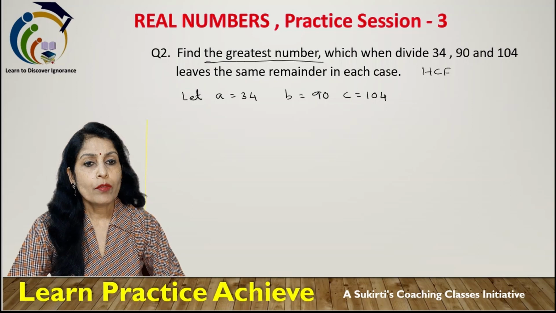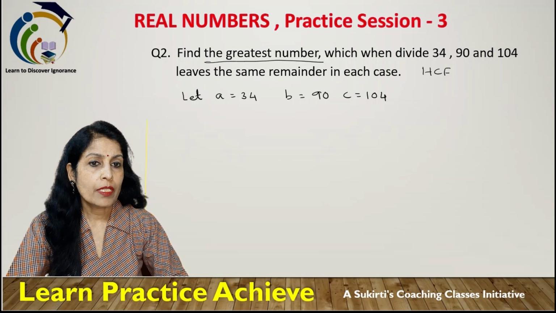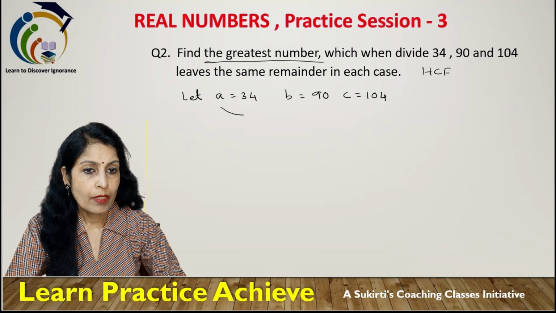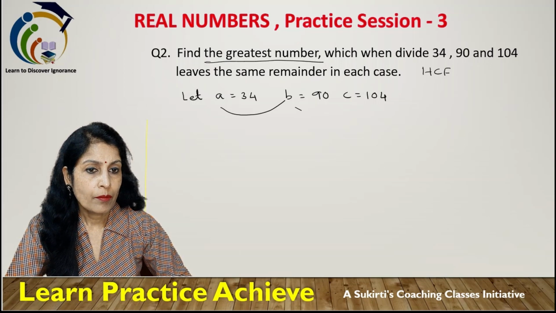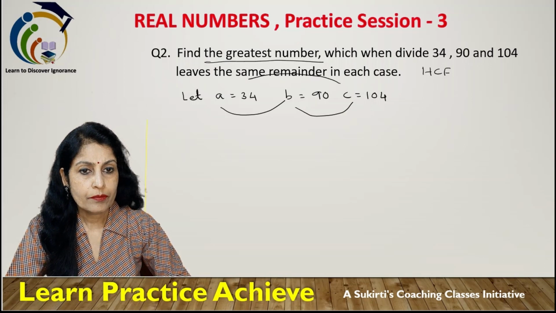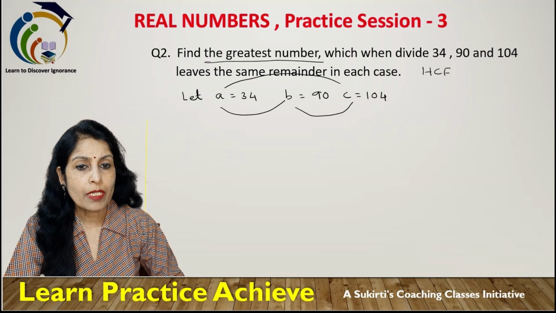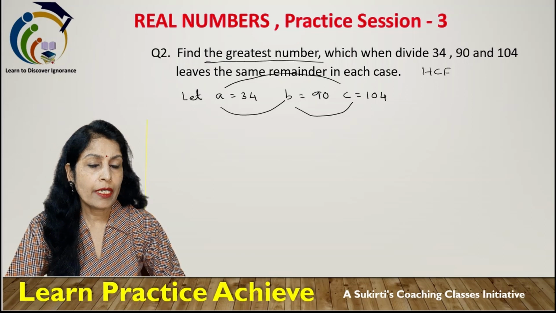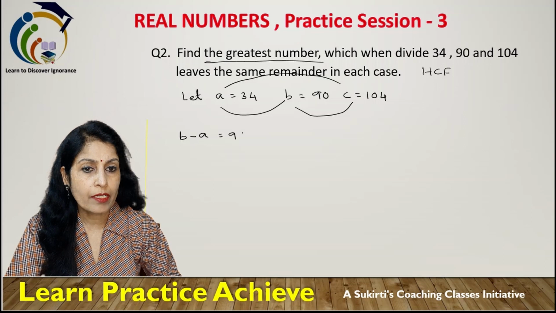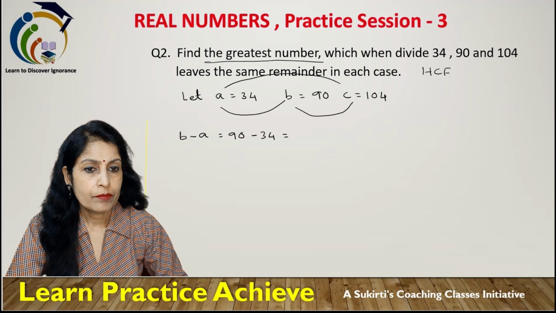To find this greatest number, the HCF, we will subtract A and B, B and C, and C and A. Because A is smaller and B is greater, we subtract B minus A, that is 90 minus 34, which is 56.